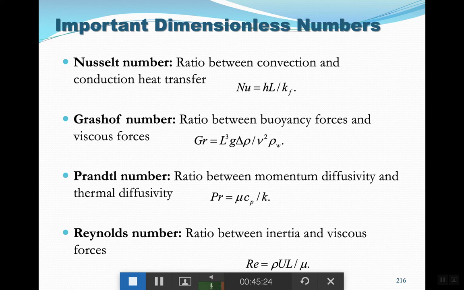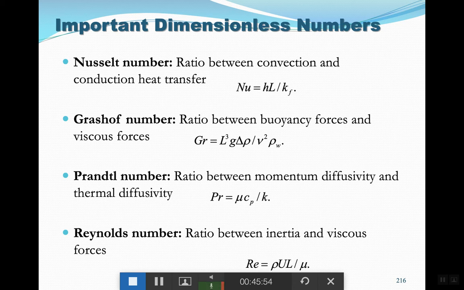So the Prandtl number basically gives you the ratio of these two. And of course, last but not the least is the Reynolds number, which is the ratio of inertia forces to viscous forces. You might say, okay, this is a Reynolds number. What has it to do with heat transfer? Because it is basically the ratio of momentum forces to viscous forces.